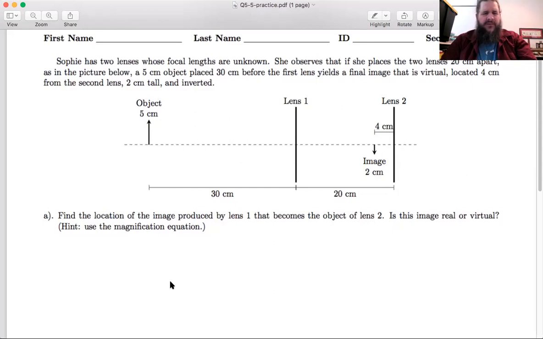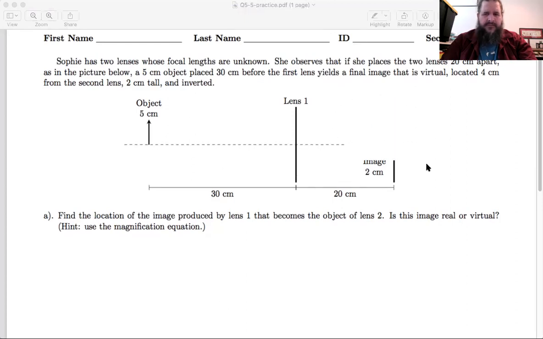First of all, we've got this object. So ignoring lens 2 entirely for the moment, we've got an object, we've got lens 1. Lens 1 is going to create some image. So let's say we've got an object, and we know the object distance at least. Let's call this object 1.